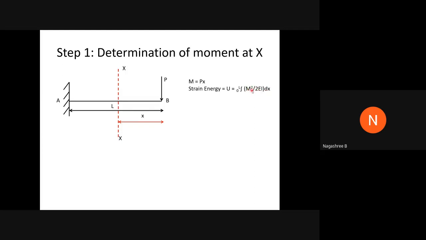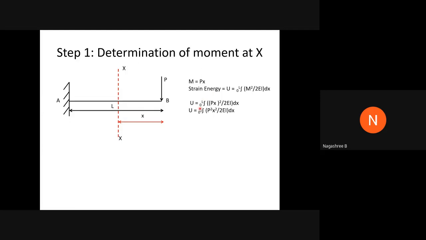You know the value of M as Px with a negative convention, so minus Px, you just substitute over there. So it is (Px) whole square divided by 2EI times dx within the limits 0 to L. On integrating, the square of a negative value of Px will be a positive value itself.